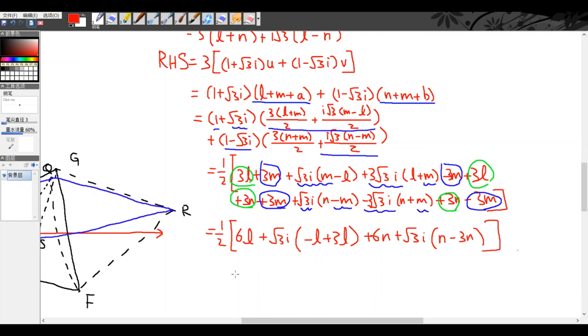Yes, I believe this is correct. So what we'll have here is just equal to 3 times l plus n plus the square root of 3i times, sorry, it's not 2, it is multiplied by 1 over 2, which becomes 1. So it's l minus n.